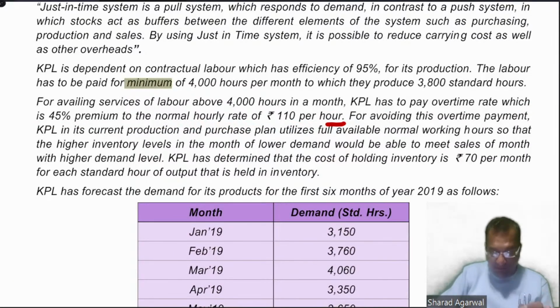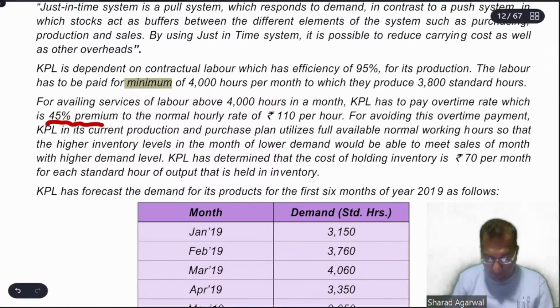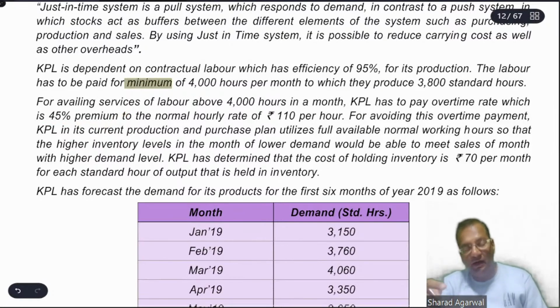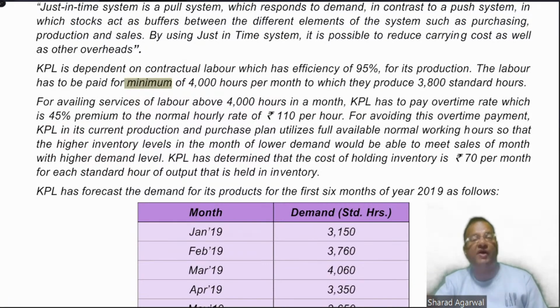So minimum labor hour pay is 4,000 hours. If you want labor to work more, it's possible, but anything above 4,000 will qualify as overtime working, and the overtime premium is 45%. Okay, not only do you have to pay 110, but above that you have to pay 45% extra, known as overtime premium.